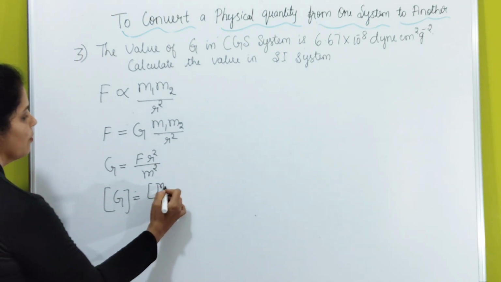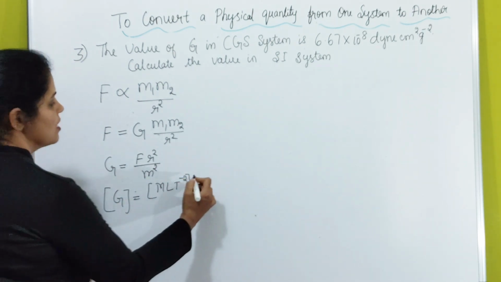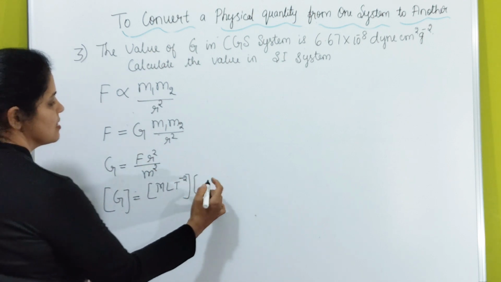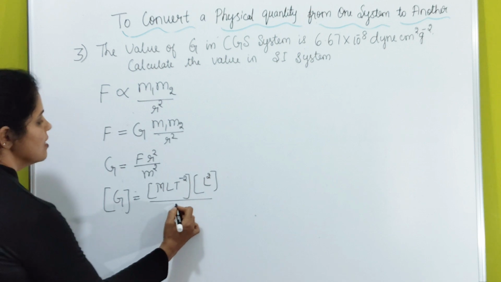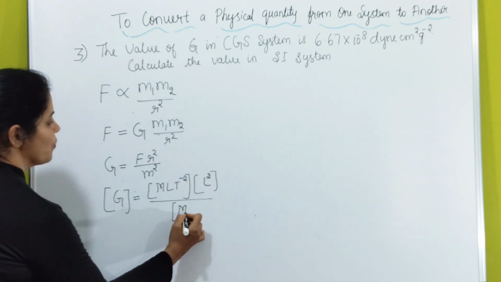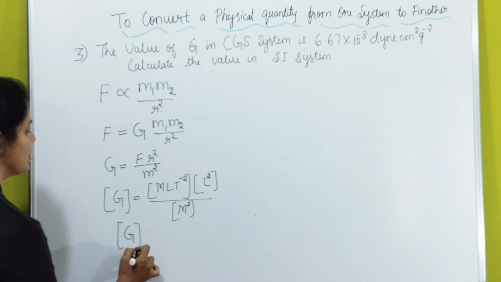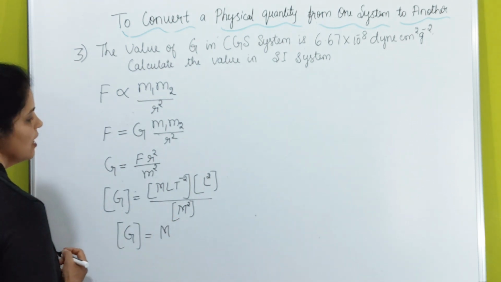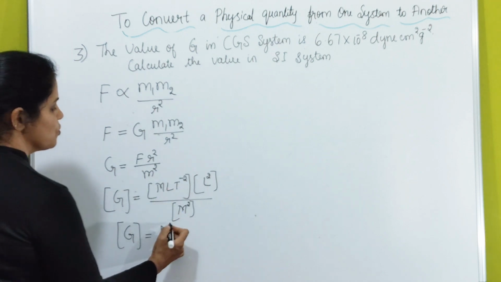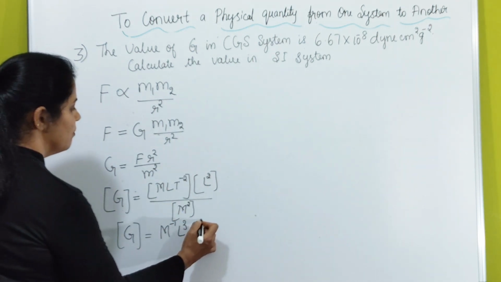The dimensional formula of force is M L T to the power minus 2, distance r is L square, and m is mass, M square. Together we can write the dimensional formula of gravitational constant as M to the power 1 minus 2 is minus 1, L to the power 3, T to the power minus 2.